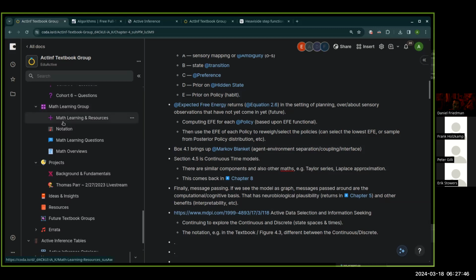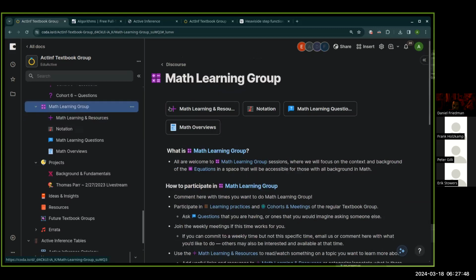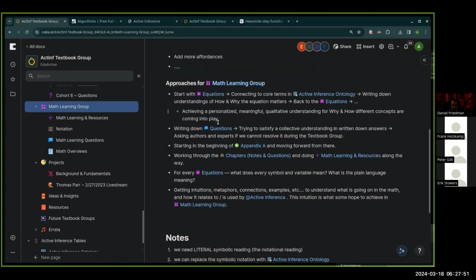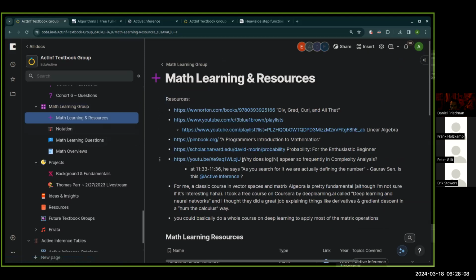Thanks. Yeah. The math learning subsection is quiescent until people want to do it, but then anyone's welcome to just say, this time UTC, I'm going to do this, in Discord or however, or just make the edits directly here.